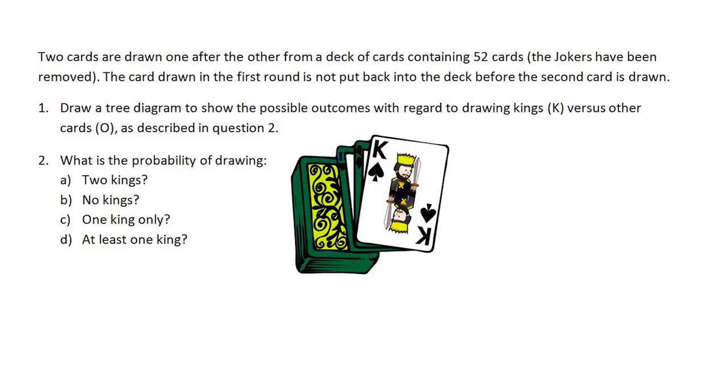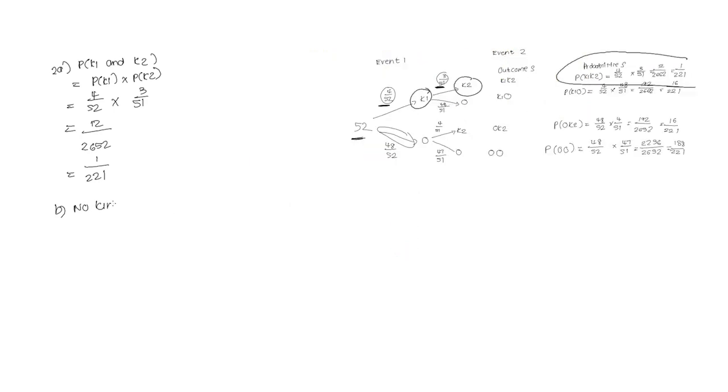The second part of the question asks us the probability of obtaining no kings. This involves drawing no king in the first event and in the second event. We simply find the branch of the tree diagram where we do not want to draw a king in the first and in the second event.